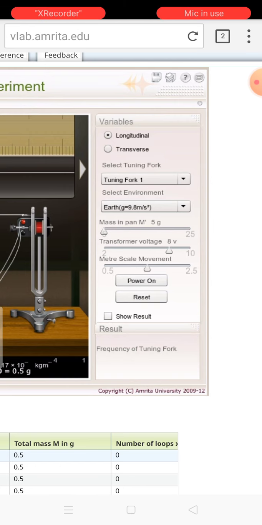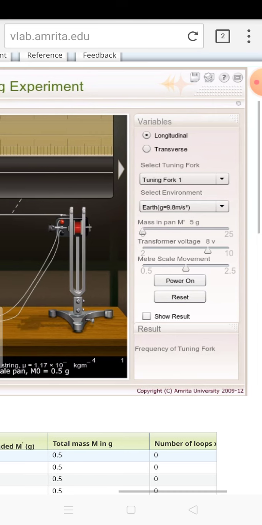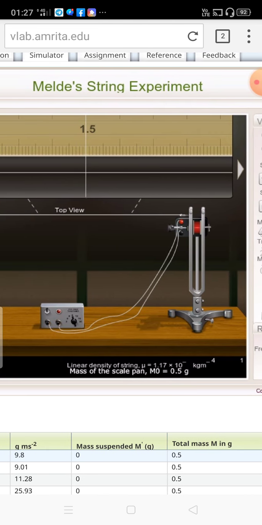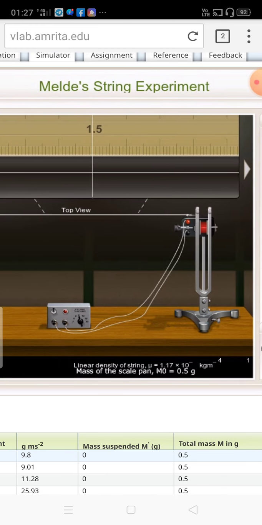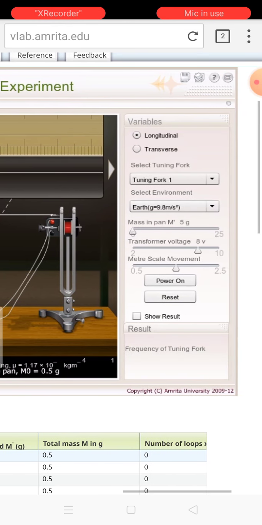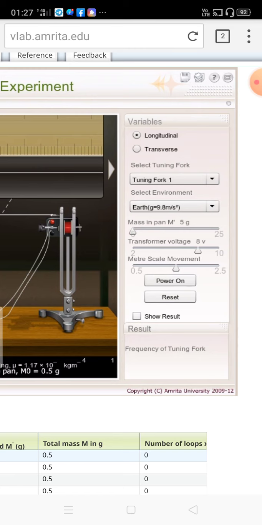One slider is for the mass, which can show any mass that I will show later on. Then the transformer voltage, this is the transformer. You look over here, this is a tuning fork in the vertical position. Between that there is an electromagnet, and these are the two positive and negative terminals connected with this volt. It is already written here, it is connected with this transformer.